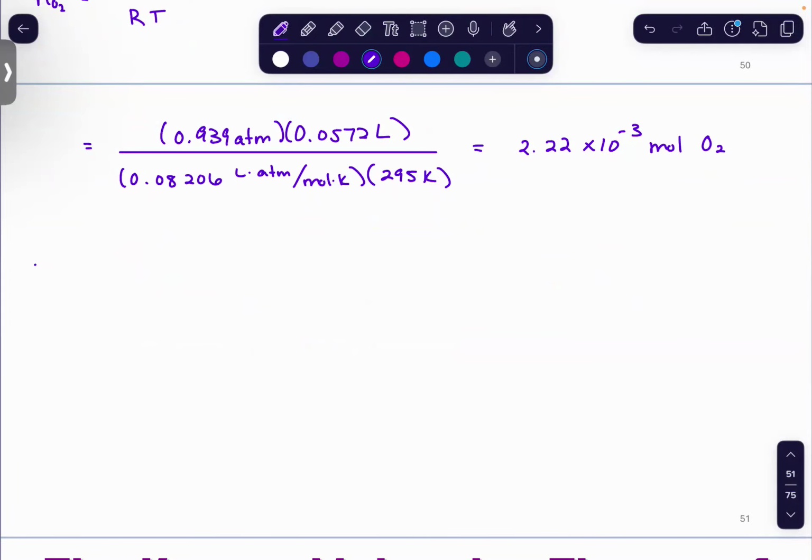Okay, so 2.22 times 10 to the negative third moles of O2.